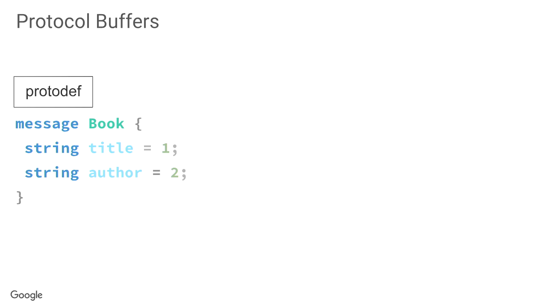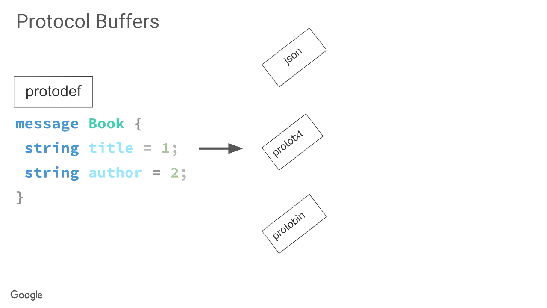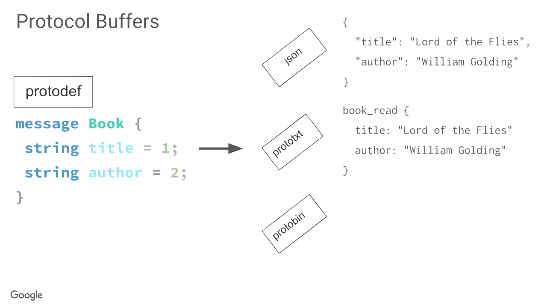So protocol buffers. You have a protodef file with the structure of your data, the data that's going to be passed around. And that can be passed around in various formats. You have JSON, standard proto.txt, which is a textual format, and proto.bin, which is the binary format.